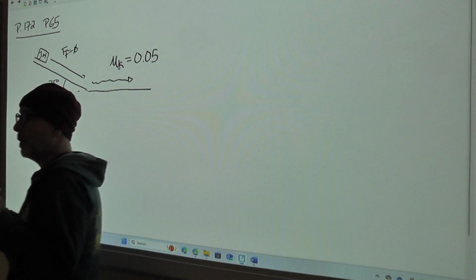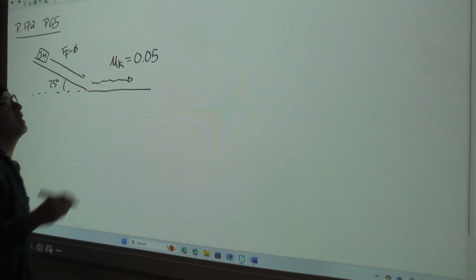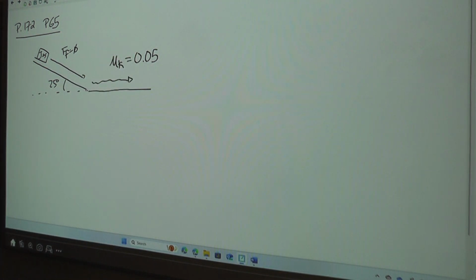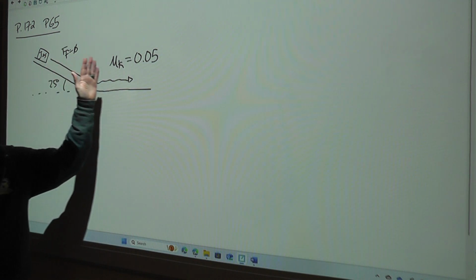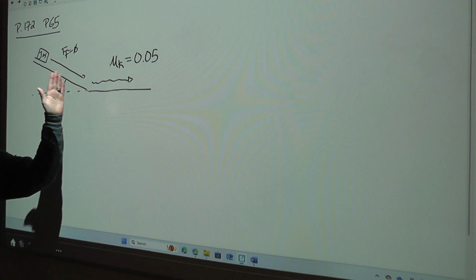Now, here's where things are going to get kind of interesting. There are a couple ways to approach this problem, one of which is going to be far easier than the other. One way is to set up a set of reference axes. The force of gravity is always going to be straight down.